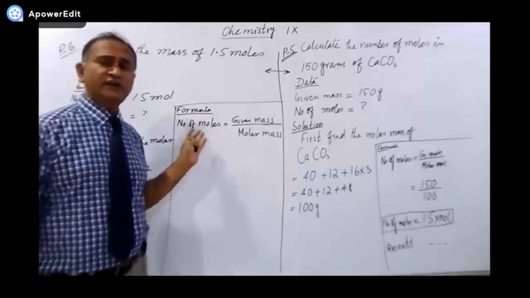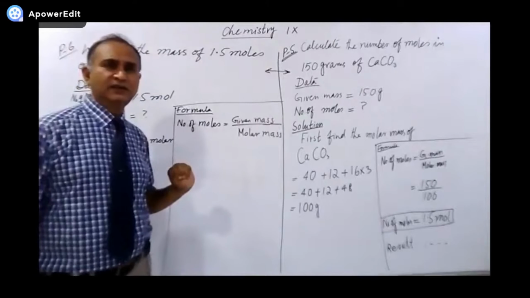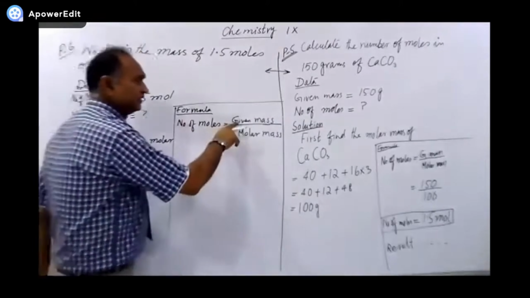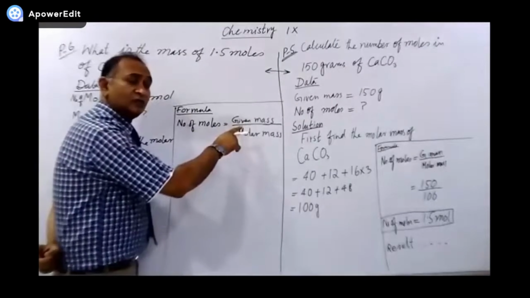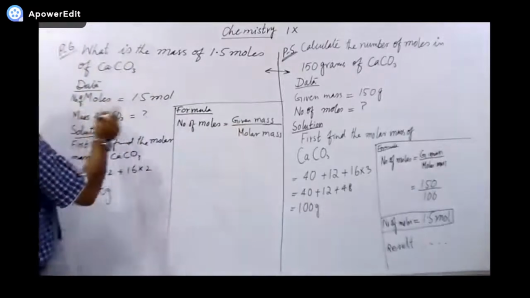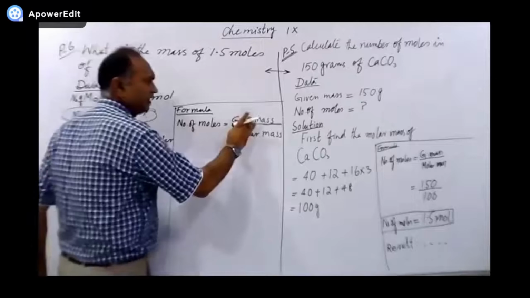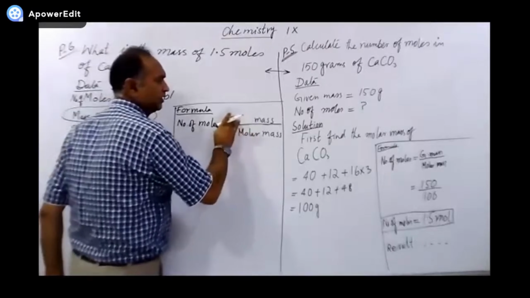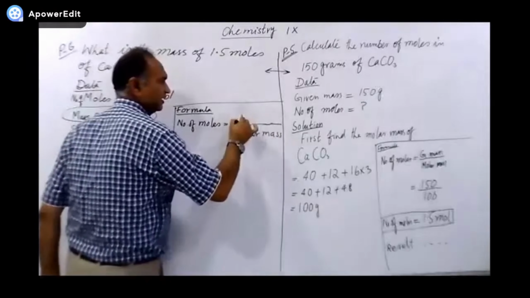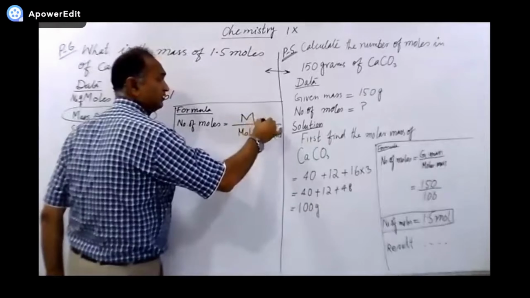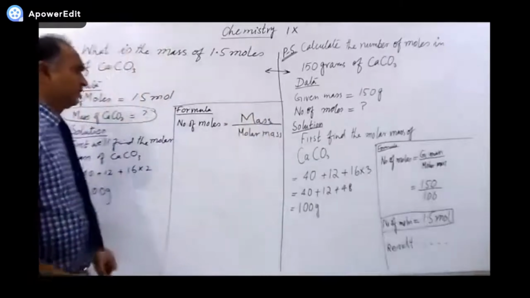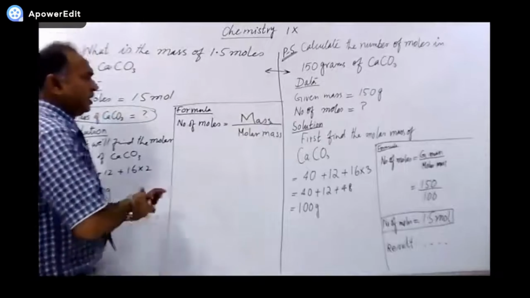What should I not write? Yes. This is illogical to write given mass. No. Mass is to be found out. So that's why we will only write here, what? Mass. Because the mass is not given. We'll find it out. Okay?